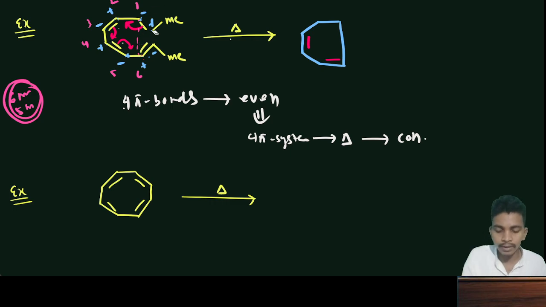So this is the rotation I did. How the rotations will be: this rotates to here, and this will rotate to here, and this rotates to here, and this rotates to here.